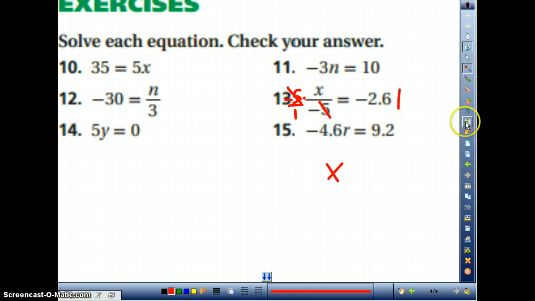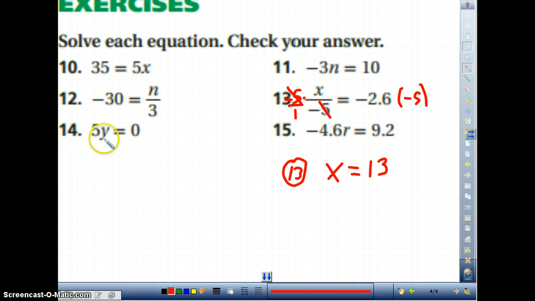That's because I'm old. That's my excuse, and I'm sticking to it. Okay, so these negative 5s cancel each other out. X equals what? What's a negative times a negative? What's 2.6 multiplied by 5? 13. That's your answer to 13.